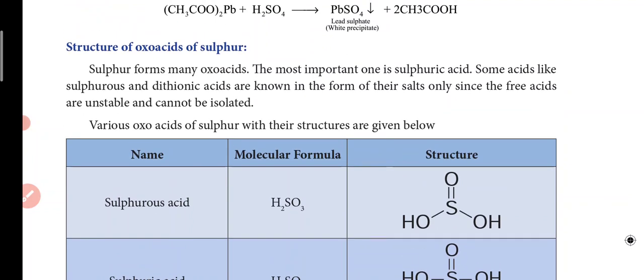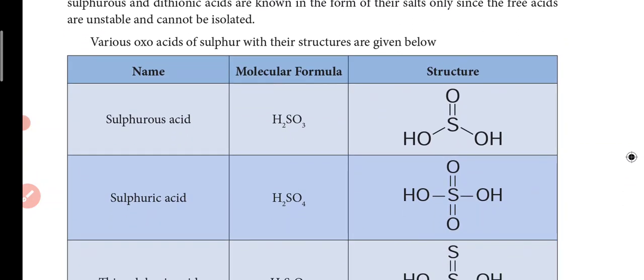You will have oxygen, you will have sulfur, and then you will have an H plus ion. An acid means H plus, a proton. So you will have oxygen, hydrogen and sulfur for sure. In H2SO3 there is H, oxygen is there, and sulfur is the hero here, so sulfur will be in the center.